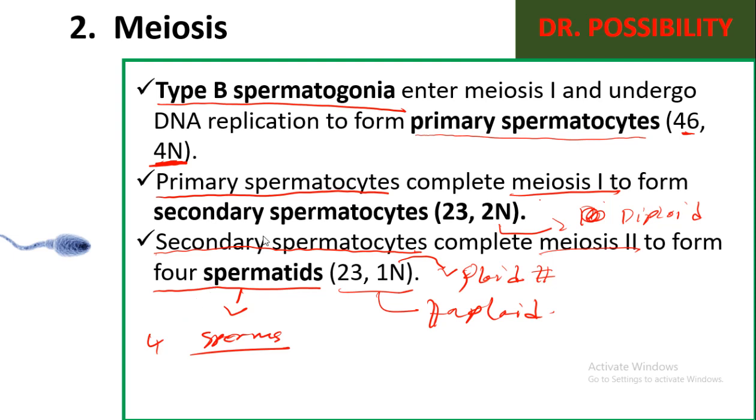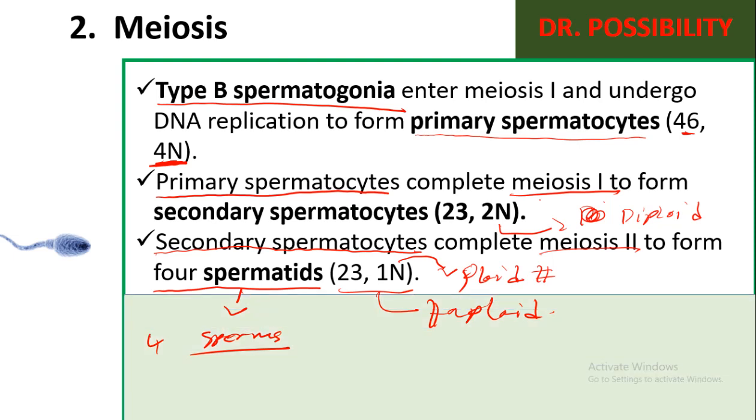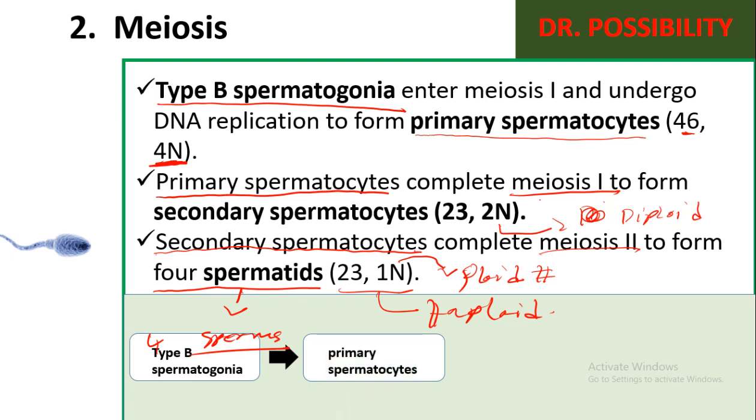Now, let me quickly give a summary of this work. The first thing we had was the what? The type B spermatogonia. The type B spermatogonia is going to give us the primary spermatocyte. From this point to that point, there was meiosis 1.